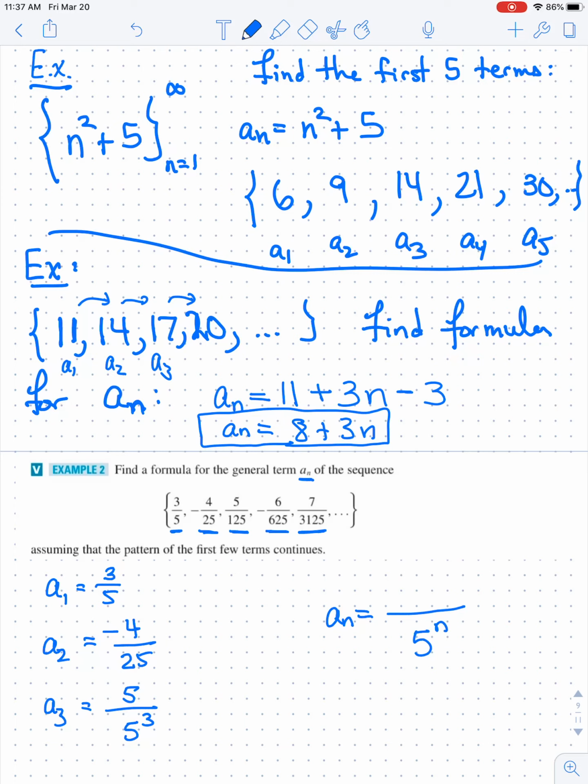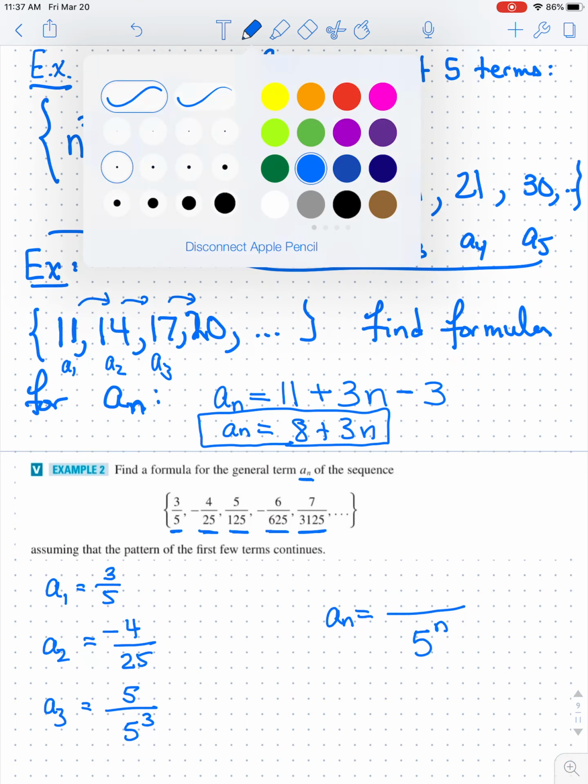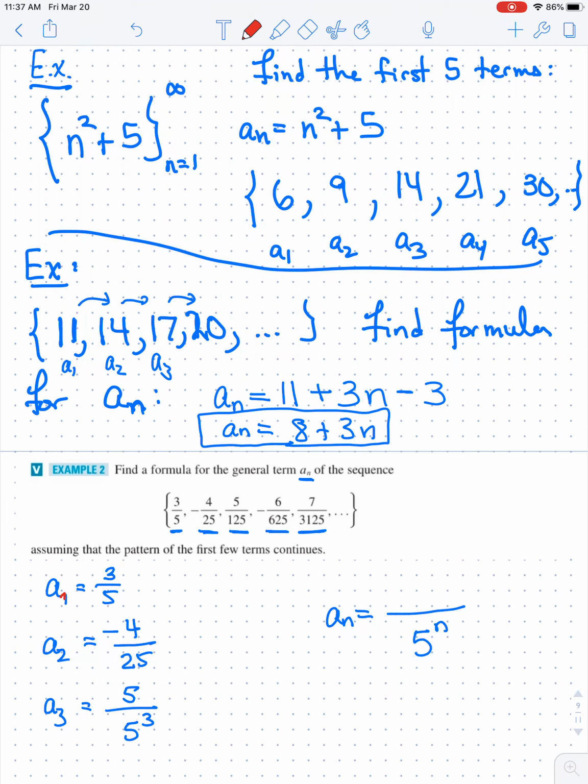And now the numerator, well, let's see. Well, when n was 1, let me change my color here to red. When n was 1, our numerator was 3. When n was 2, our numerator was 4, but with a minus sign. And when n was 3, our numerator was 5.